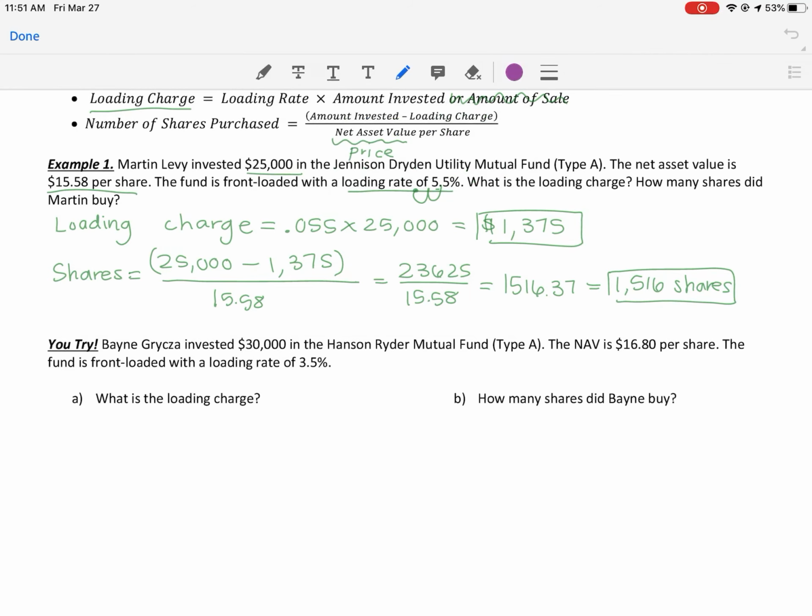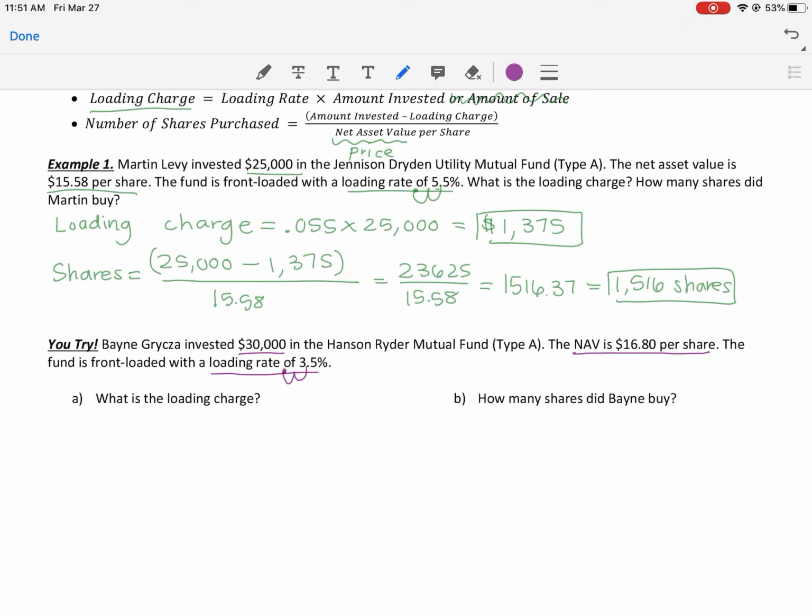Okay, this one I want you to try, so let's think about it. Let's take the same process. Bianca invested $30,000 in the Hanson Ryder Mutual Fund Type A. They call that Type A because this is the front loading, where you're paying the charge up front. The net asset value, or price per share, is $16.80 per share, and it's front loaded with a rate of 3.5%.